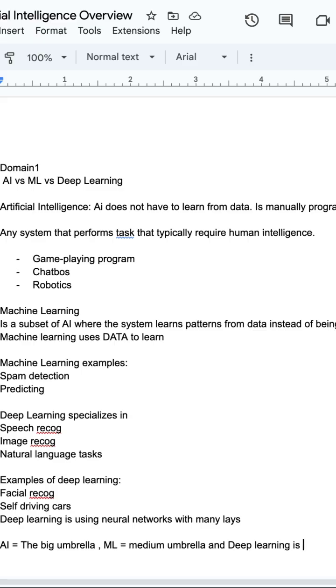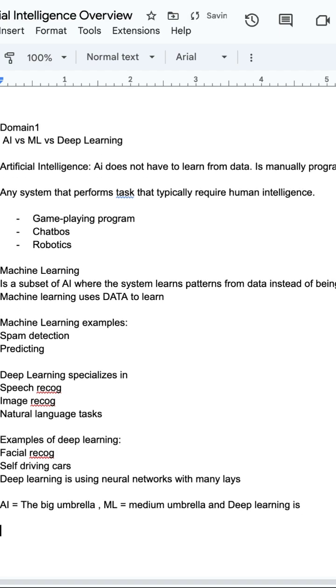One way CompTIA may test this is with a question such as: a system uses a set of fixed rules defined by experts to diagnose machinery.